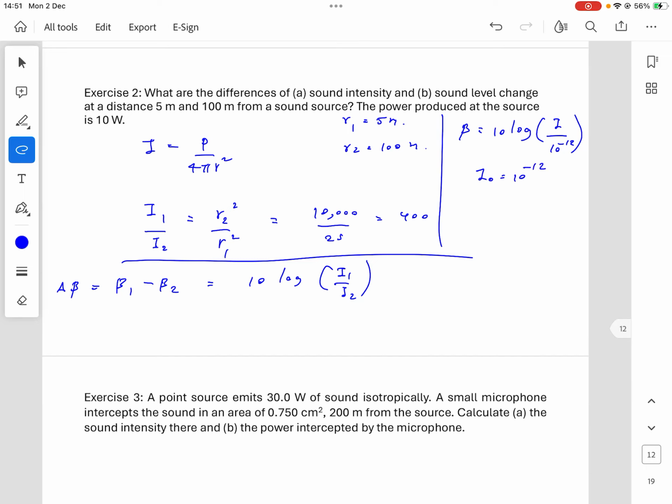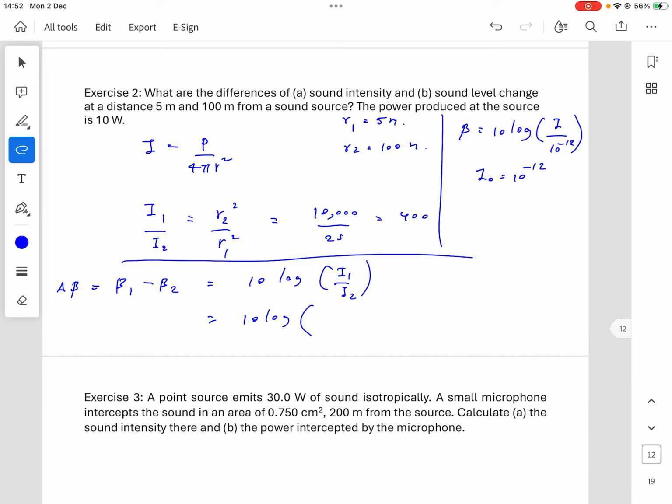Because the subtraction of logs can be expressed as a ratio, in this case you get beta 1 minus beta 2 equal to 10 log of I1 divided by I2.